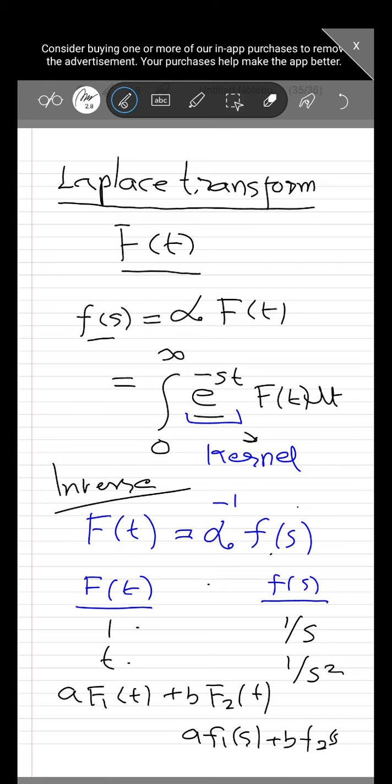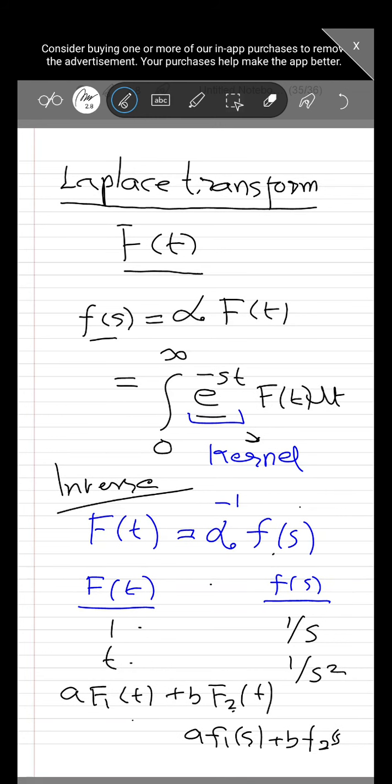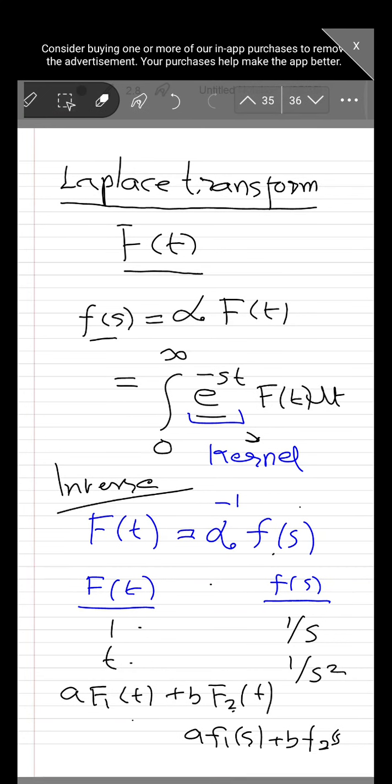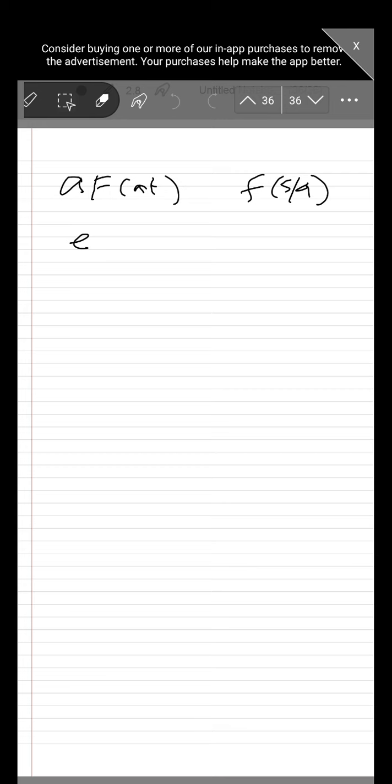And if it is a combination of two functions f1 and f2 having coefficients a1 and a2, then the corresponding Laplace transform will be F1 and F2 joined by the same two coefficients. Secondly, if the function is f(at), then the Laplace transform will be the function of s by a.